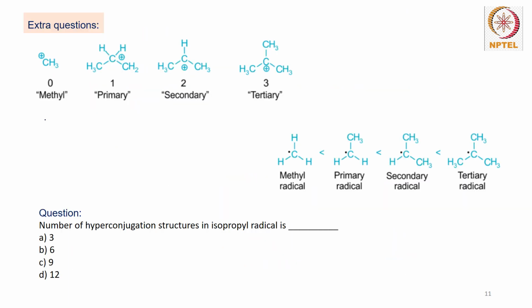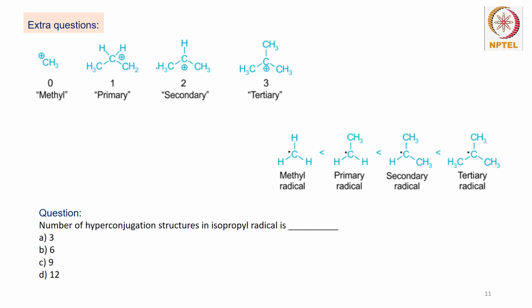So here I have shown some examples. This is a methyl carbocation. This is a propyl carbocation, because 3 carbons means propyl. This is also a propyl carbocation, but it's secondary, and this is a tertiary butyl carbocation. Now this carbon has no adjacent carbon, so there is no hyperconjugation effect, because hyperconjugation happens between a C-H bond and the adjacent vacant p orbital.